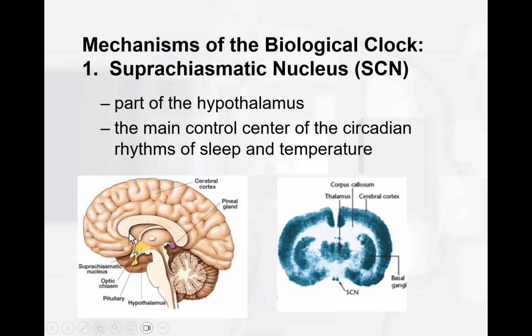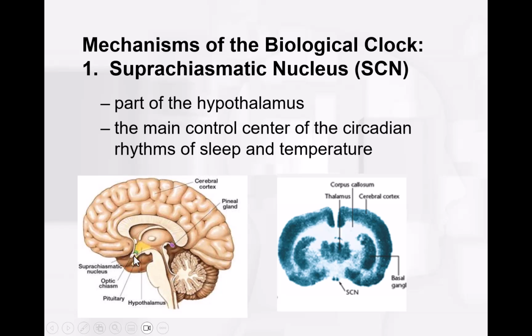Now, here we have a human brain on the left, a sagittal view, and we can see that suprachiasmatic nucleus is right here. It's again kind of that most ventral portion of that hypothalamus that sits right below that thalamus. Now remember, our eyes are going to be up here in the front of our head. This is the front of our brain, our frontal lobe, and light waves are going to hit those eyes, and then they're going to synapse on a couple of different cells and then travel along the optic chiasm.